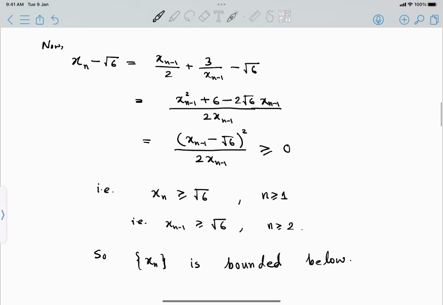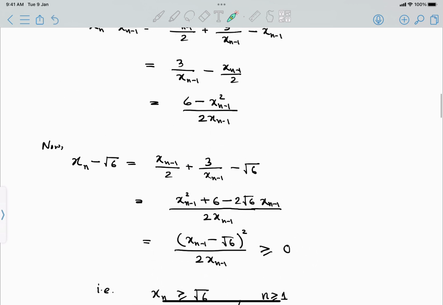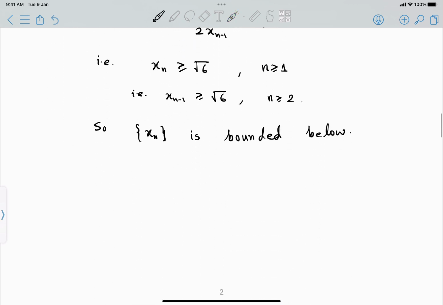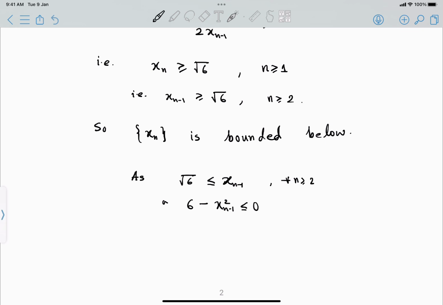Now from here, if you put it in the earlier expression, as root 6 is less than or equal to x_{n-1} for all n greater than or equal to 2, 6 minus x_{n-1} squared is always less than or equal to 0.